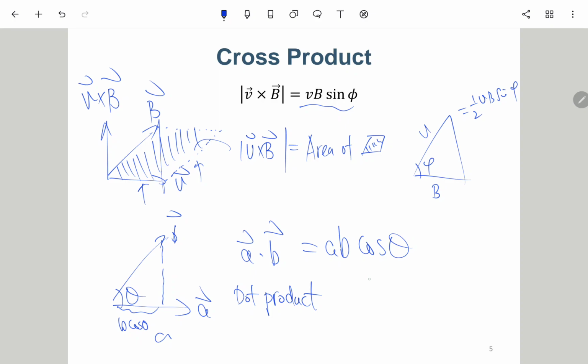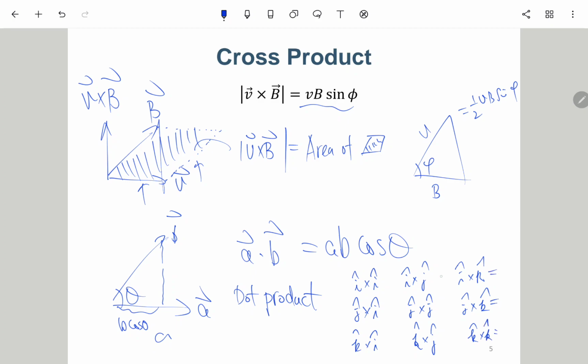We have i cross j, i cross k, and so on. We actually have 9 combinations: i cross i, i cross j, i cross k, j cross i, j cross j, j cross k, k cross i, k cross j, and k cross k.